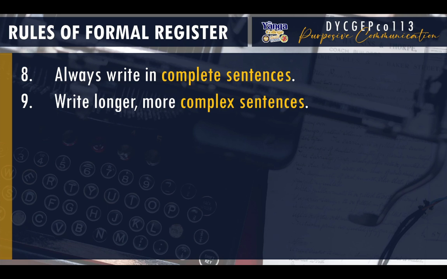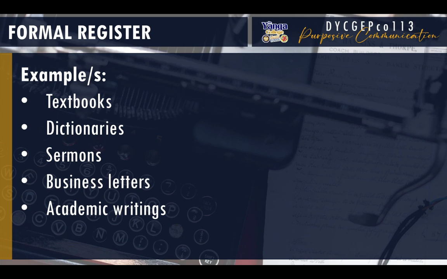Kaya expected that you would be writing in complex sentences. Educated writing, kumbaga. So examples of formal register are textbooks, dictionaries, sermons, business letters, and academic writings. So obviously, if you look at these examples, alam mo agad that they are using formal language. Kaya formal register ang gamit.